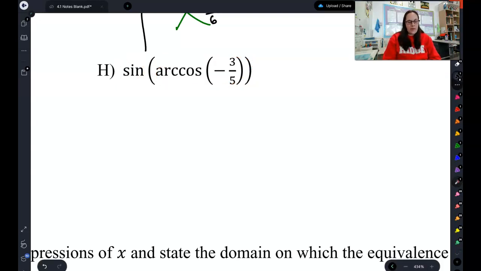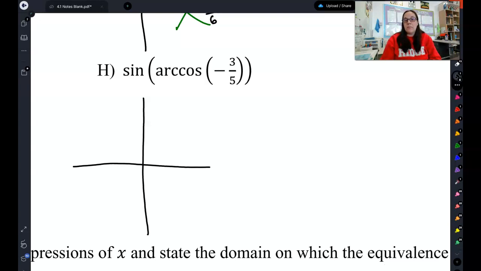So here's what I mean by that. I'm going to use that inside function, that arc cosine of -3/5, to make a triangle. I know that cosine is x over r. So I'm going to go to an x value of -3, an r value of 5.